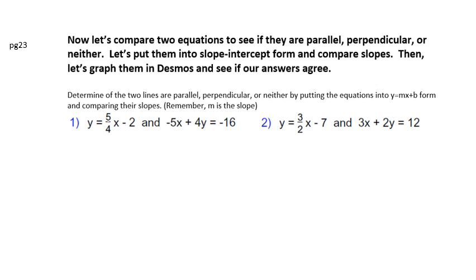If we look at question number 1, this first one is great because we already have the slope. We have y equals mx plus b. But in the second equation, that one's in standard form. So we're going to have to get the y alone.